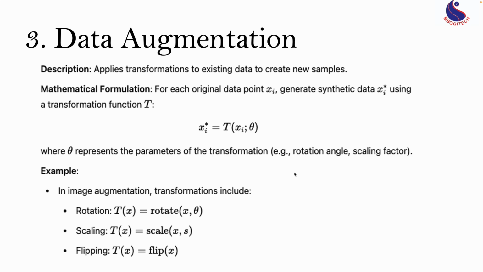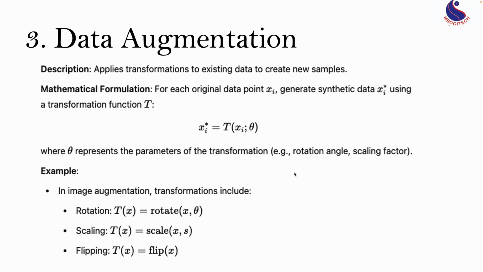And so the mathematical formulation is that for each original data point xi, you generate synthetic data xi asterisk using a transformation T. So xi asterisk, the synthetic data, equals the transformation of xi at theta, where theta represents the parameters of the transformation, whether it's for rotation or a scaling factor as well. Primarily people will think that theta represents just an angle, but that could be a scaling factor as well.